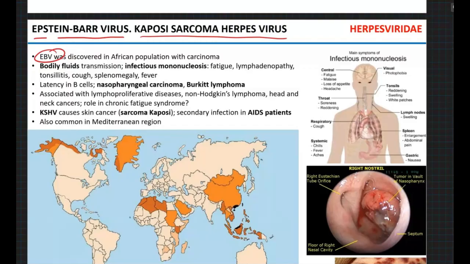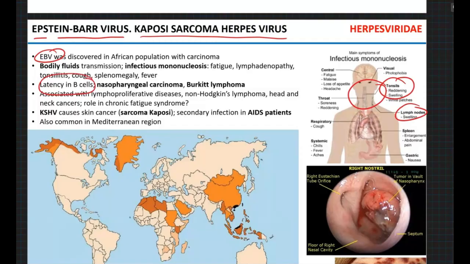So this is why you have the sore throat, that kind of respiratory symptoms, right? And it also infects immune cells, B cells. So this is why people have swollen lymph nodes, swollen tonsils, and then it goes away. But the virus, EBV, remains latent in B cells.